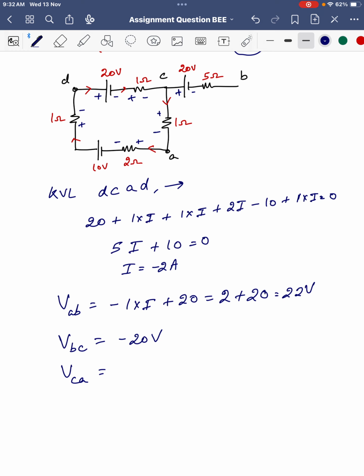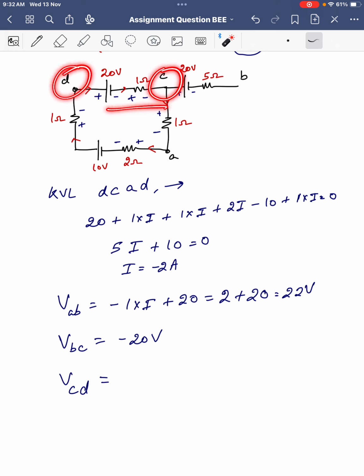VCA. Here we have C and A we have here. So just move in this way. So we can get it is 1 into I, that is minus 2 volts. Now VCA is not asked, rather it is asked that what is VCD.